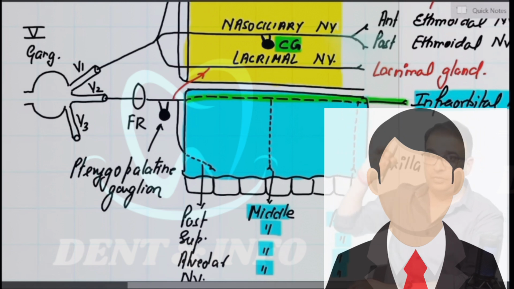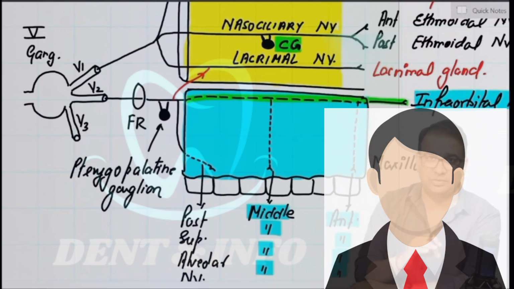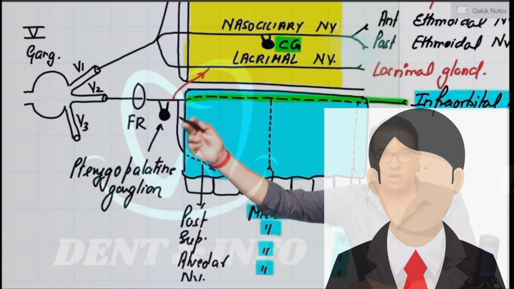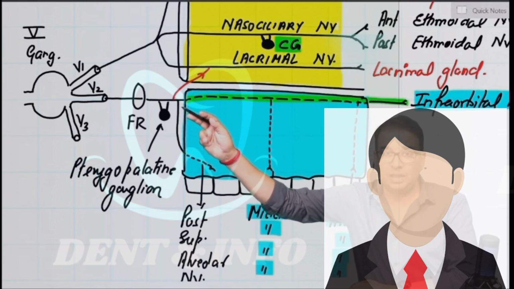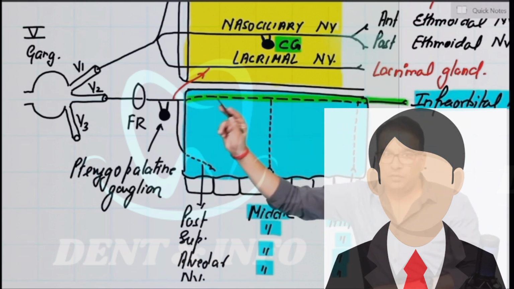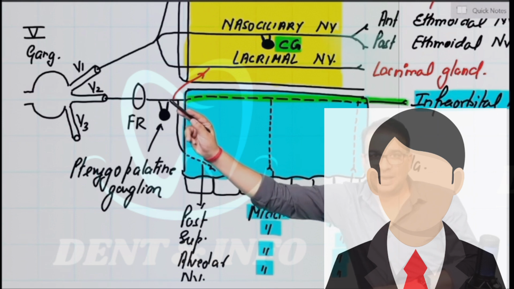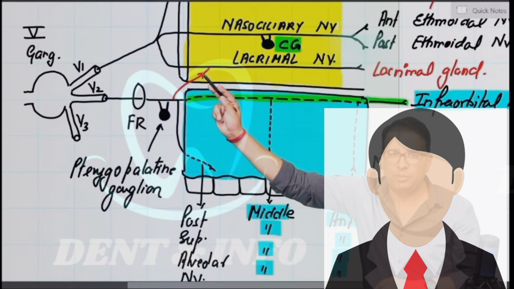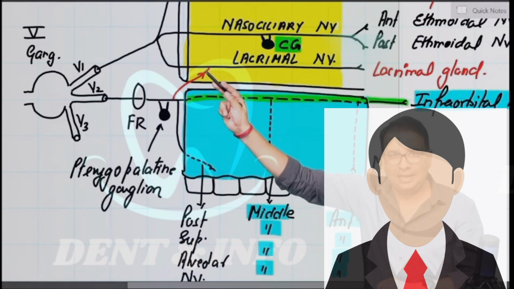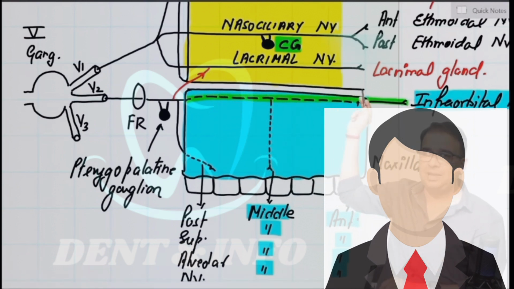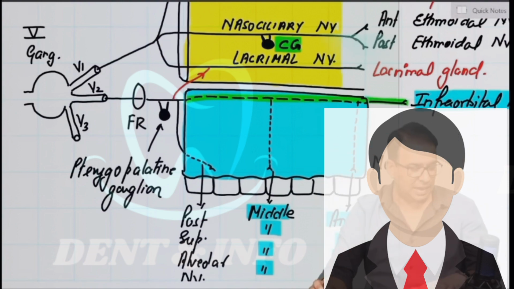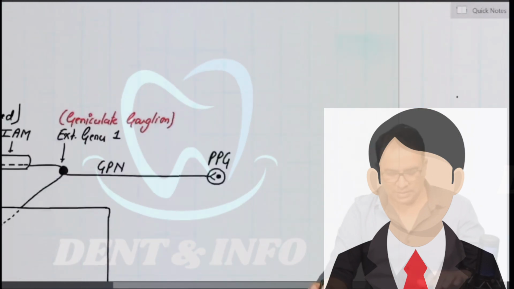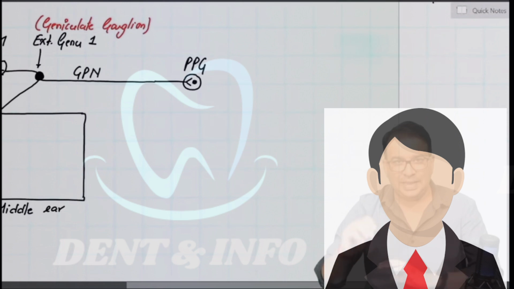Imagine, the greater petrosal nerve is a branch of the facial nerve. The greater petrosal nerve will relay to what ganglion? The pterygopalatine ganglion. How do we go from the ganglion to the gland? From the ganglion to the gland we first have the maxillary nerve, then we have this connection which is called the zygomatic nerve or zygomaticotemporal nerve, the one you were asking about, and then it goes through the lacrimal nerve to supply the lacrimal gland. So I said, we reached the pterygopalatine ganglion.